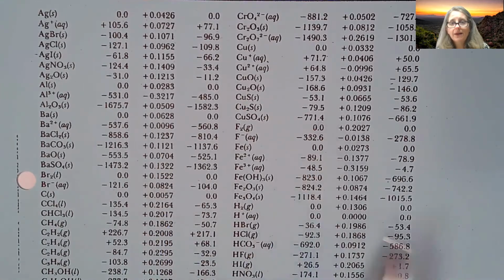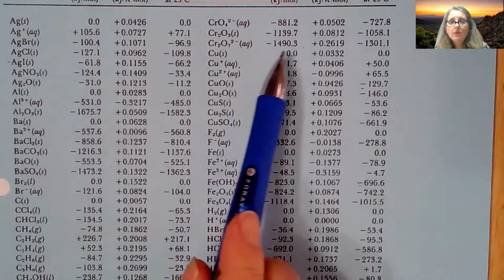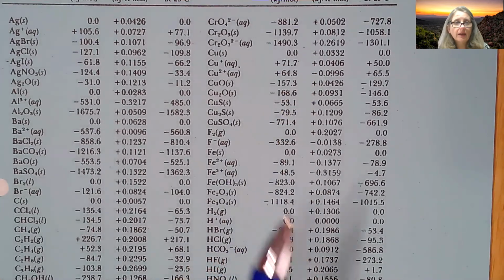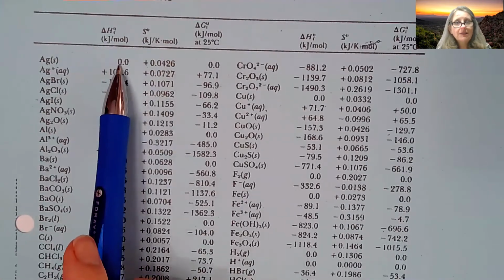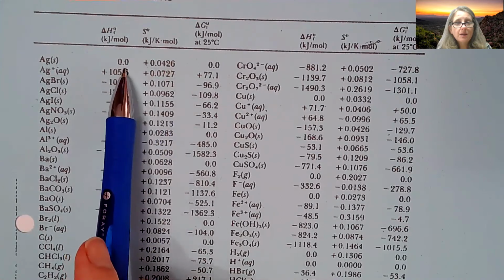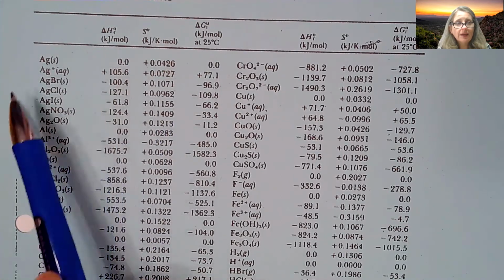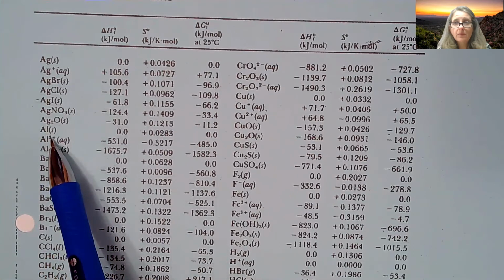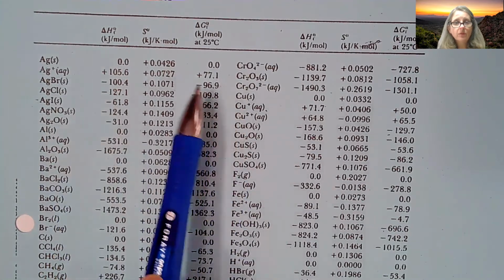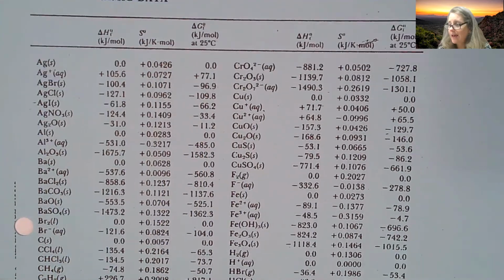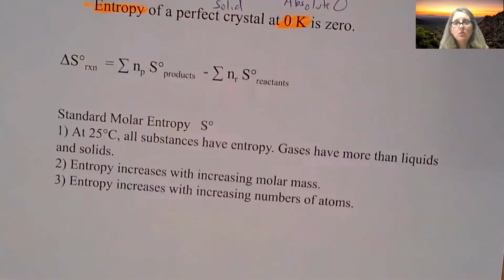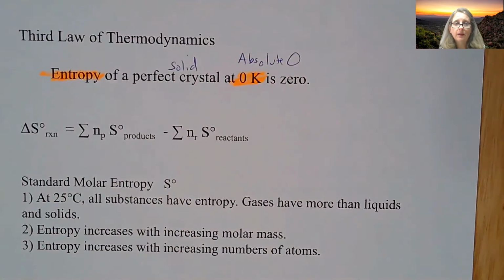Now some of them are positive, some of them are negative, but you have a number for everything. In comparison, if you look at delta H, you will see that some of them have zeros associated with it, and that's because they are in the elemental form, and we talked about that before. But everything has chaos, everything has entropy unless you're at absolute 0, all right?